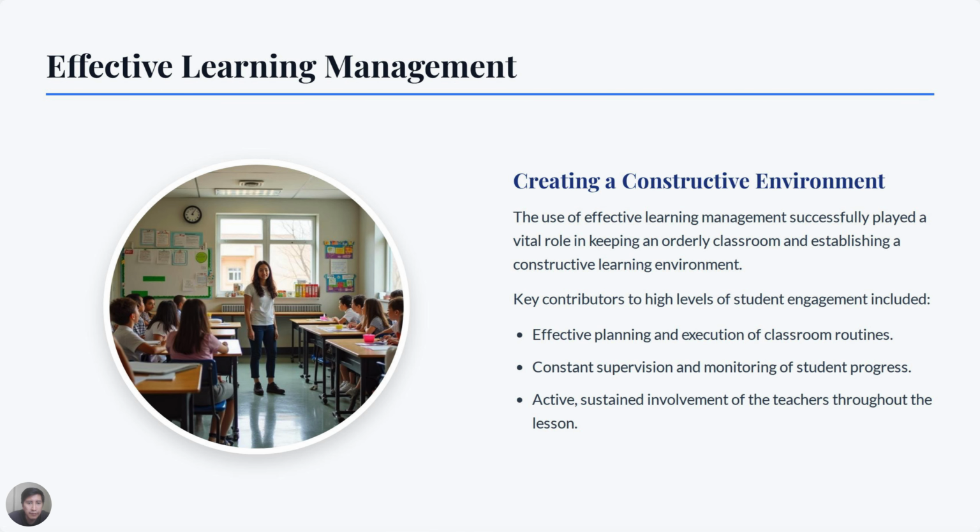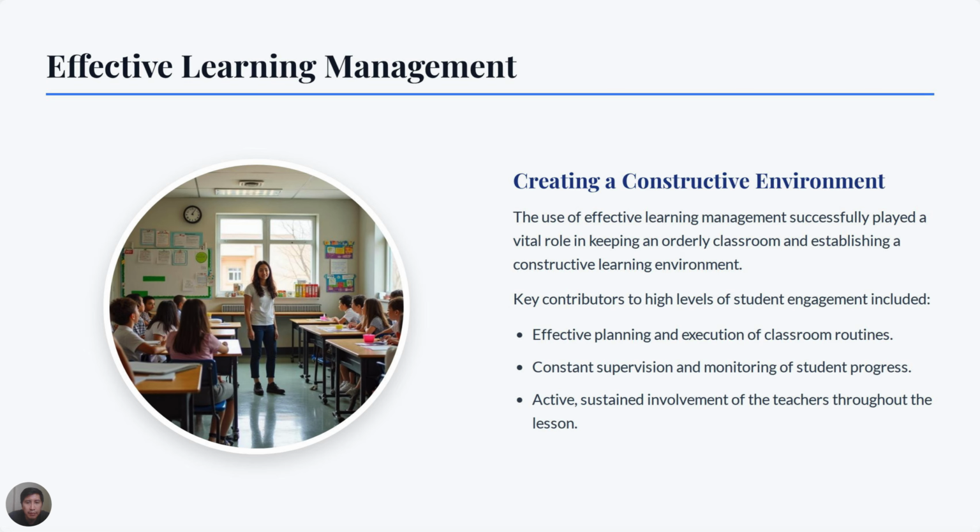Then, in effective learning management, the third finding refers to the classroom environment. Effective learning management plays a fundamental role in maintaining order and creating a constructive atmosphere. What does it mean in practice?